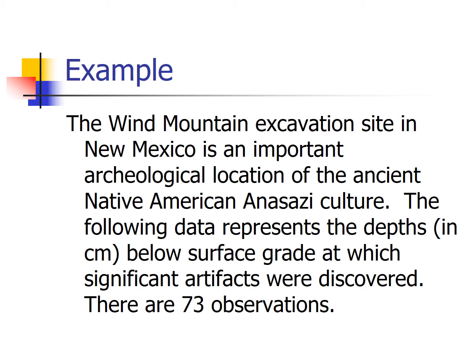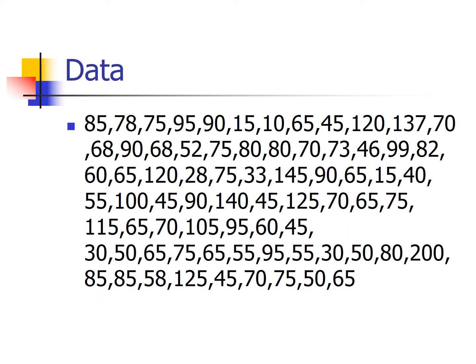Now, keep in mind, the variable, the depth of the artifact, would be quantitative, so this is a good example for what we're talking about. Now there it is. Those are 73 numbers, or 73 depths. What I'm basically saying is, as soon as we got there, we dug.